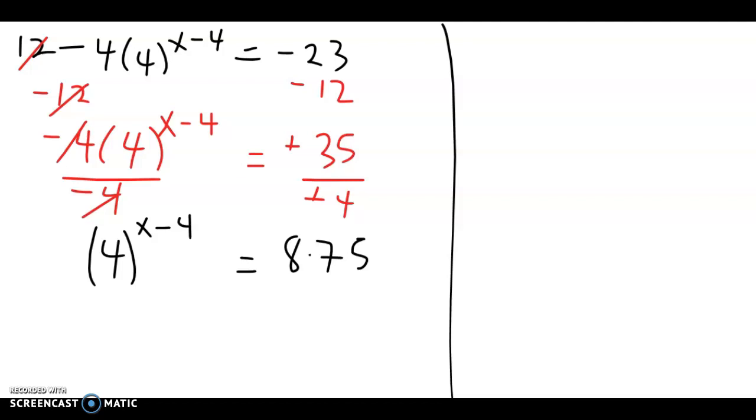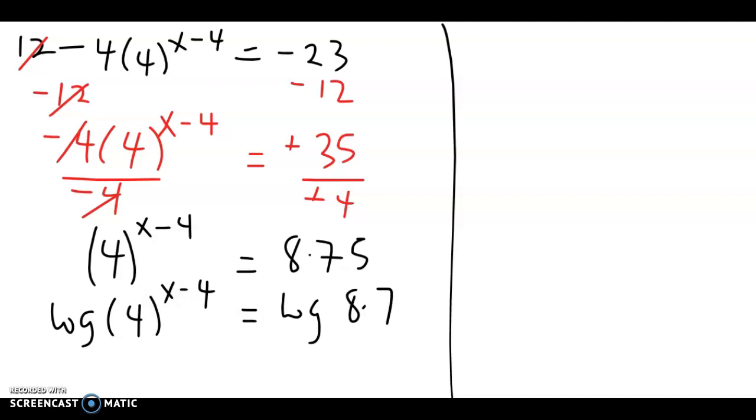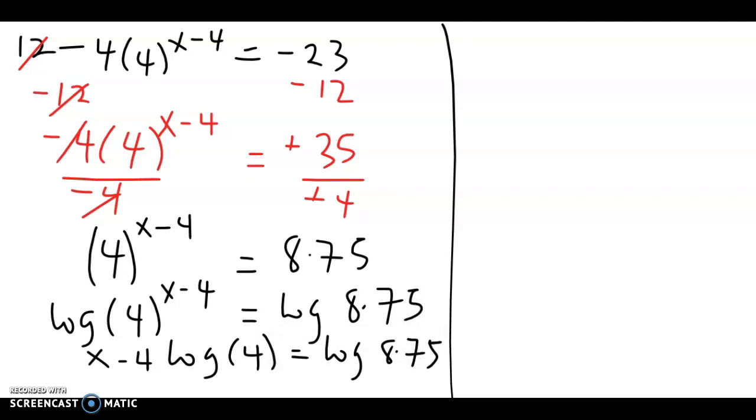So the next step is to take log on both sides so that we can drop the x minus 4 exponent. If you take log on both sides, then your x minus 4 exponent will drop down, leaving you with x minus 4 times log of 4 equals log of 8.75.